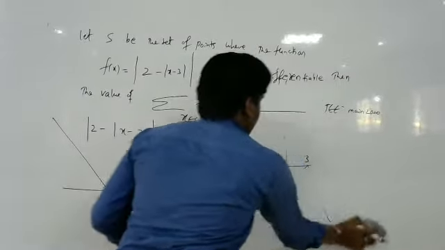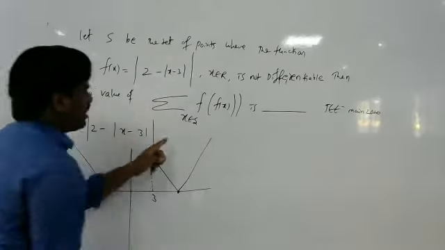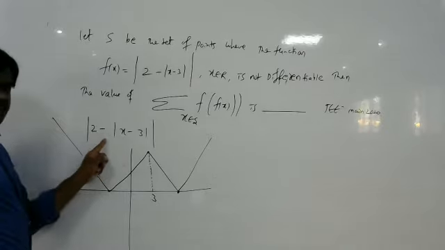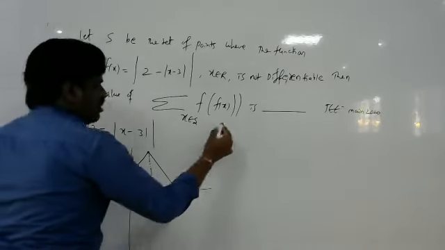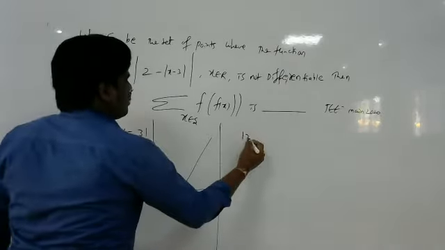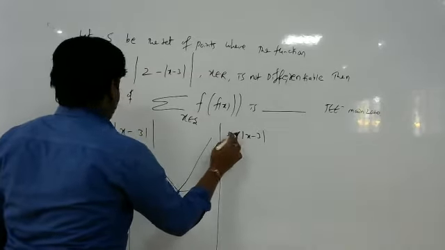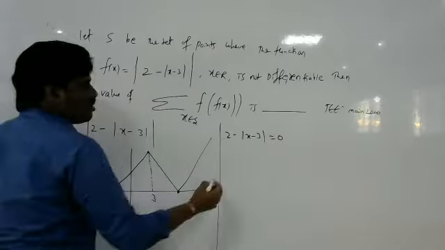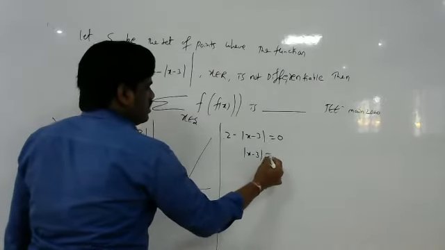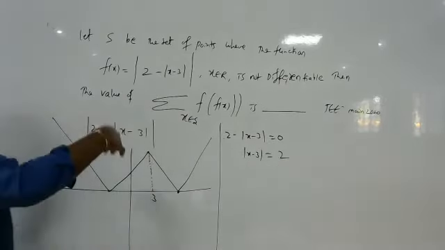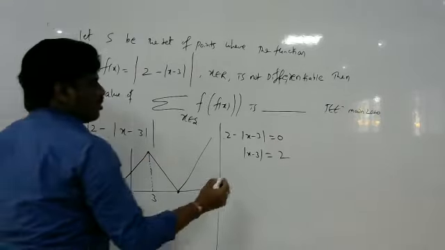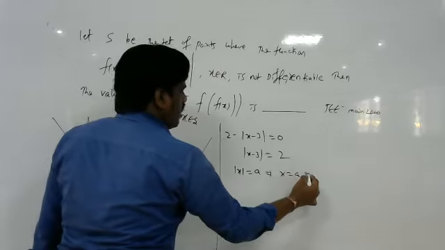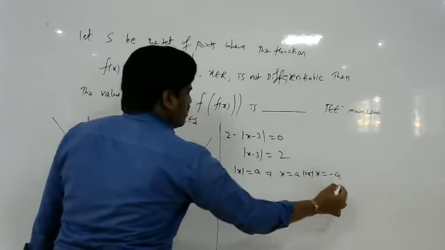If I want to find those points, I have to take this inside one as 0. Now if I take this inside one 0, I'll get the points. So what do I get here? Modulus of x minus 3, minus 2, is equal to 0. So modulus of x minus 3 is equal to 2. You know that if mod x is a, then x is equal to a or x is equal to minus a.